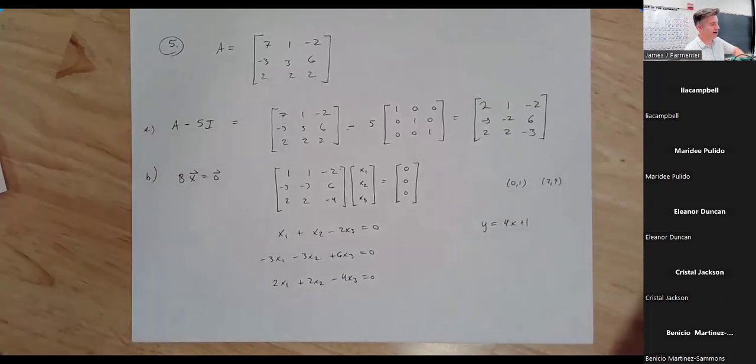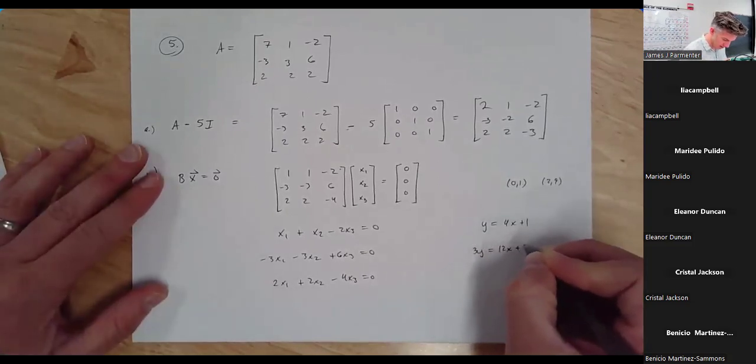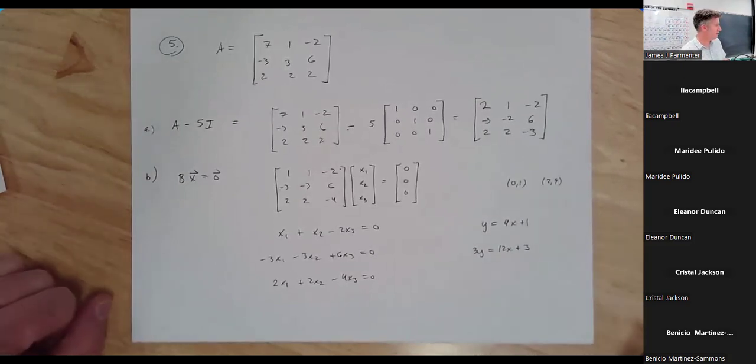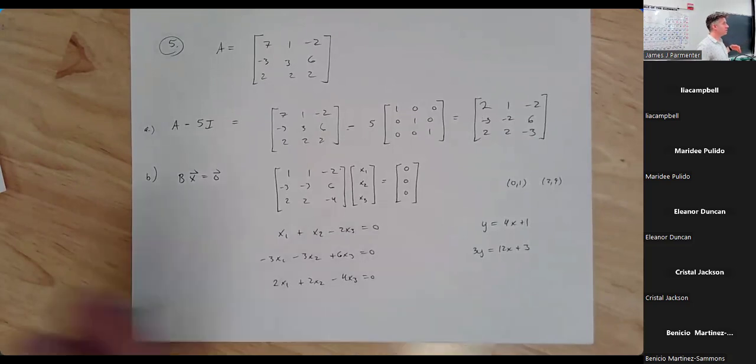But the point is that if you multiply this equation by any constant, it doesn't change the solutions. If you multiply this whole equation by 3, you would have 3y equal to 12x plus 3. And 0, 1 is still a point on that line. 2, 9 is still a point on that line. So when you take an equation and multiply it by a constant, it doesn't change the solutions to that equation.